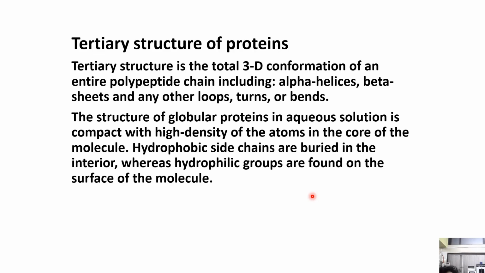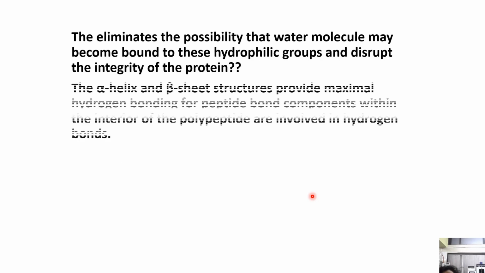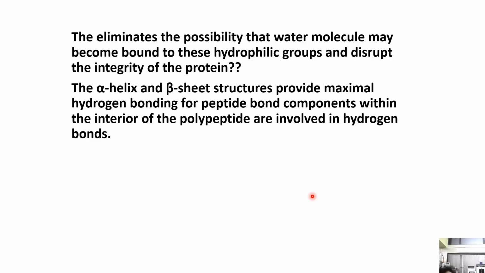Hydrophobic side chains are buried in the interior, whereas hydrophilic groups are found on the surface of the molecule. This eliminates the possibility that water molecules may become bound to these hydrophilic groups and disrupt the integrity of the protein, right? So the alpha helix and beta sheet structures provide maximal hydrogen bonding for peptide bond components within the interior of the polypeptide involved in the hydrogen bonds.